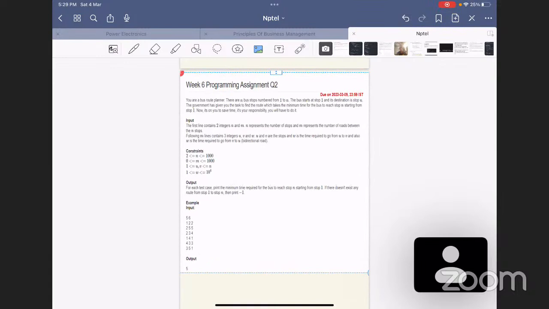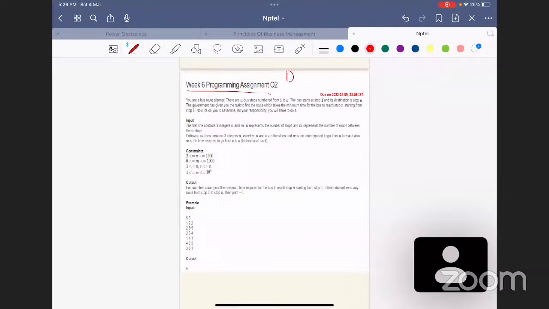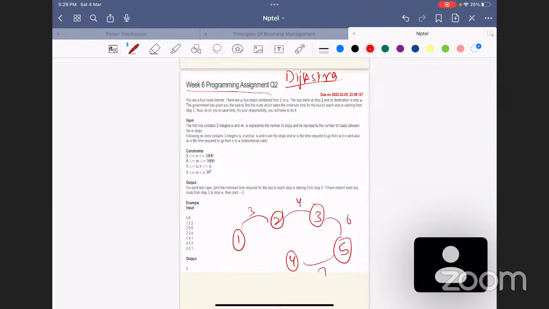This is week 6 problem 2, and this week is based on Dijkstra. As one of you mentioned, what if we have 1, 2, 3, 4, and 5, these 5 towns, and it takes 3 hours to go from 1 to 2, 4 hours to go from 2 to 3, 6 hours, 7 hours, and this takes 1 hour.